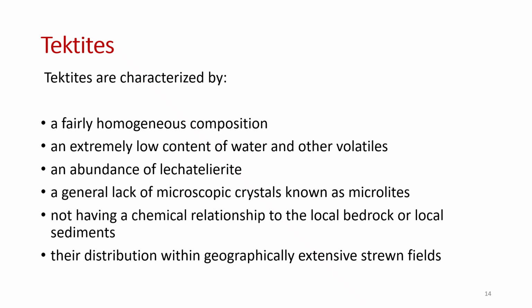This is a naturally occurring amorphous glassy form of silica that is a common diagnostic component of tektites. They generally lack microscopic crystals known as microlites, and they do not have a chemical relationship to the local bedrock or local sediments, and their distribution lies within geographically extensive strewn fields.